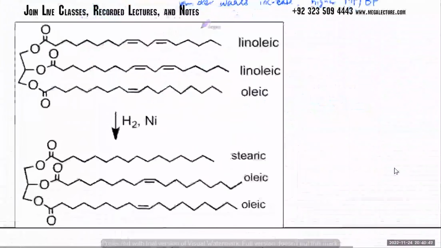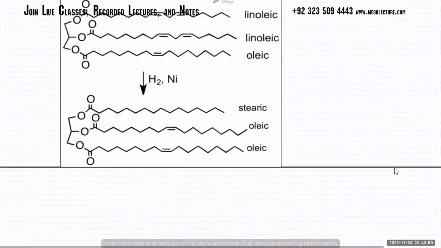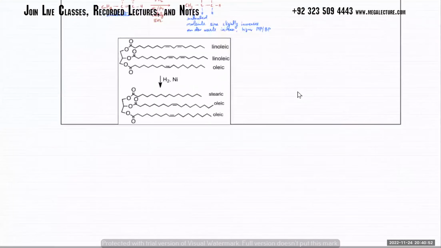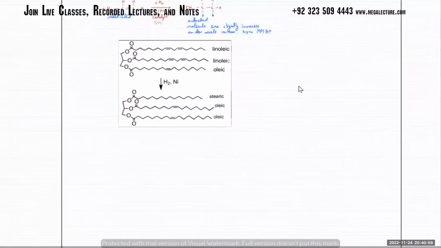So I'm not really sure if this is, but this is how a typical molecule of fat looks like. ठीक है, oil वगैरह कहते हैं ना, so this is how the molecule actually kind of looks like.